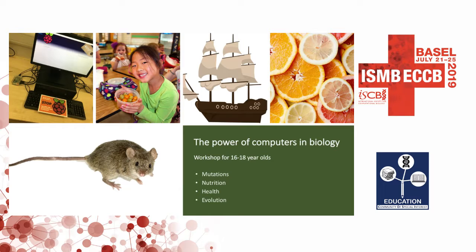And what we do is we ask that students have prior knowledge of mutations in this workshop. So part of their Unit 1 for this qualification is to cover what DNA is and what mutations are. So they have a good idea of things like substitutions, insertions, deletions. They're even familiar with frame shifts, that sort of thing.